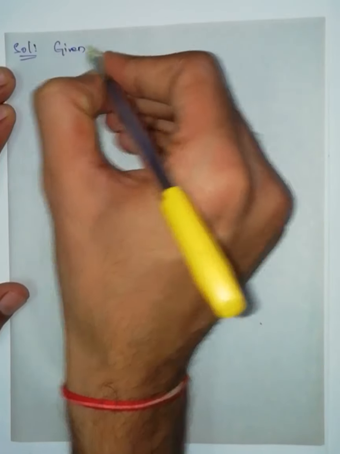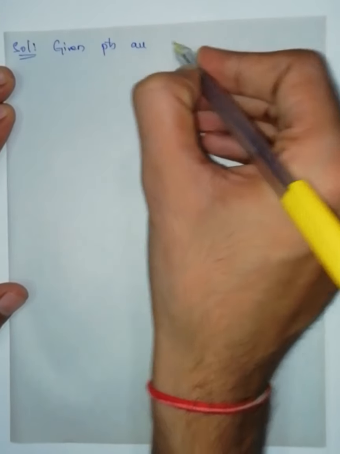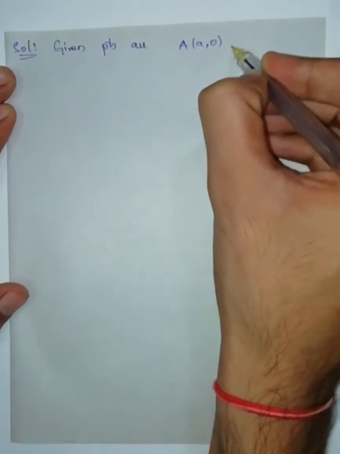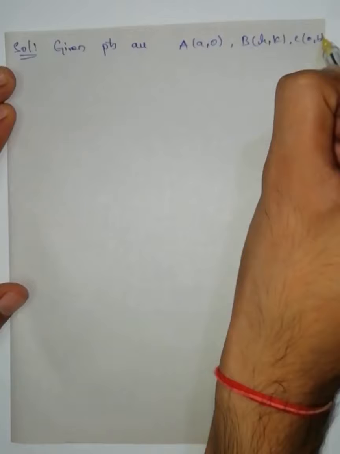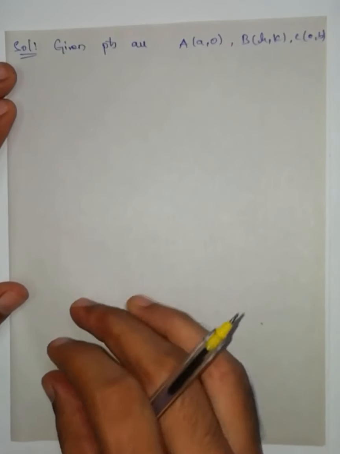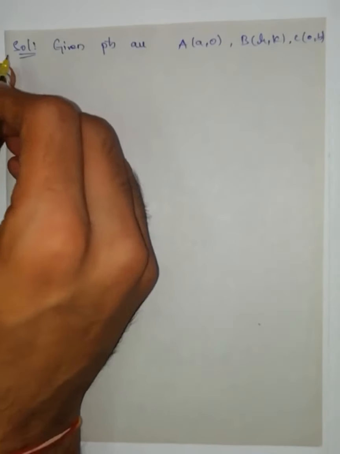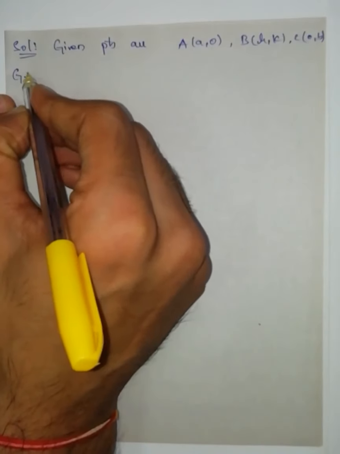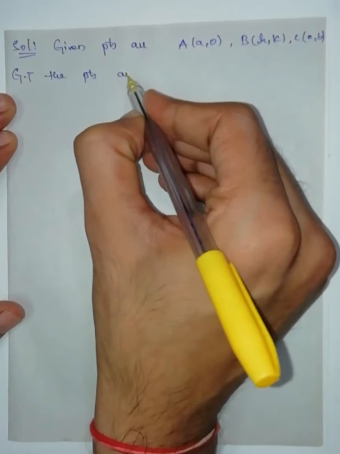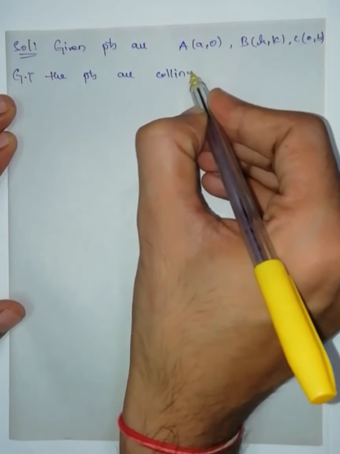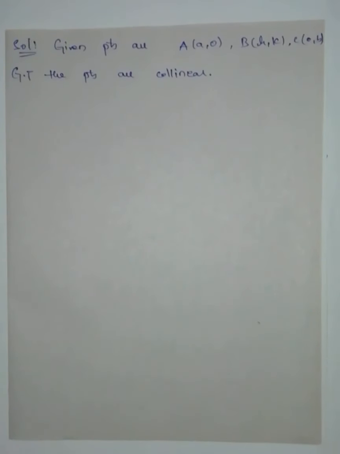Given points are A a comma 0, B h comma k, C 0 comma b. Now, given that the points are collinear, since the given points are collinear, then the slope of the line AB is equal to slope of the line BC, or anything you can take.